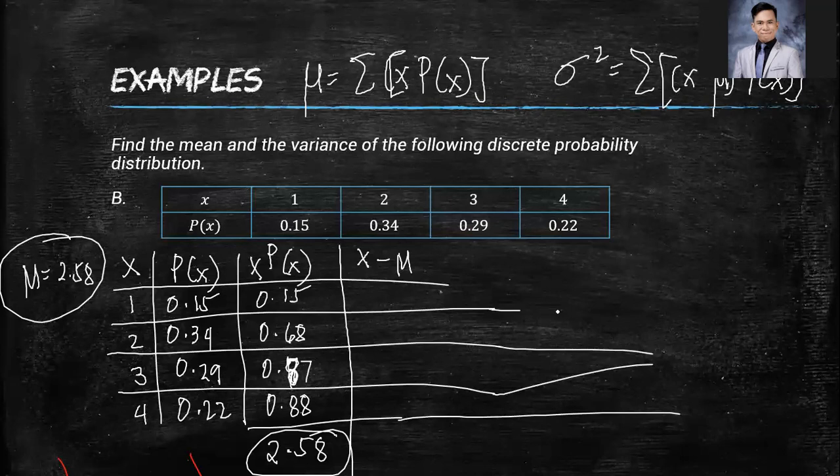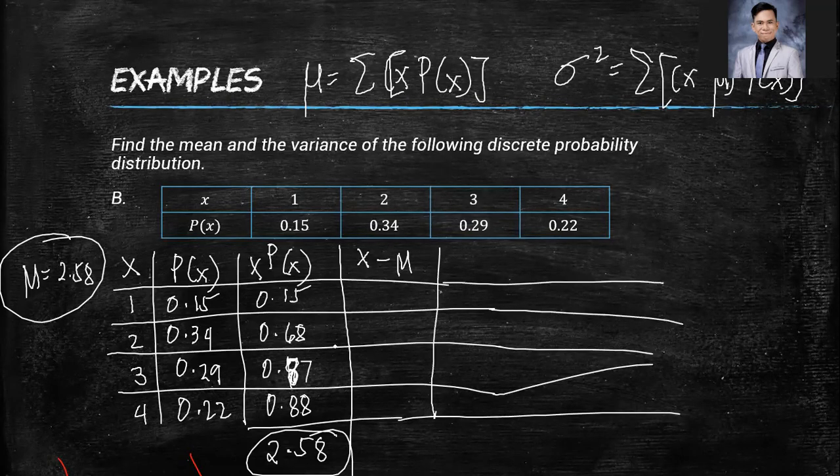Okay, the mu is 2.58. So subtract that with our values of x. So 1 minus 2.58, that would be negative 1.58. Next is, of course, negative 0.58.